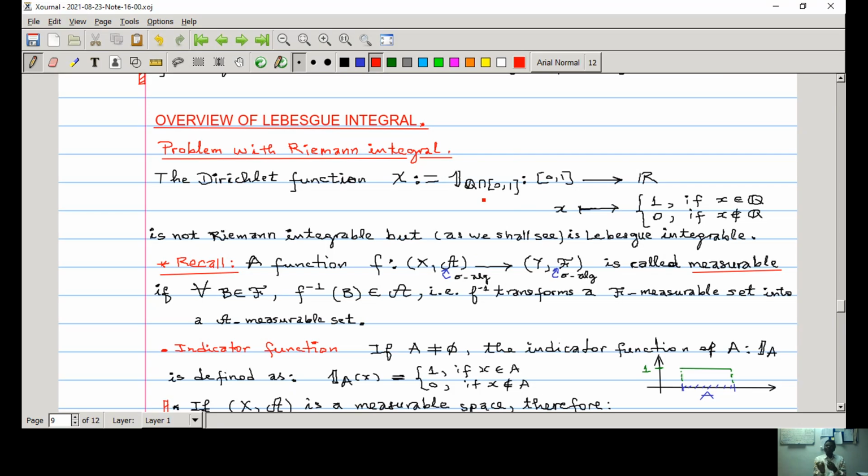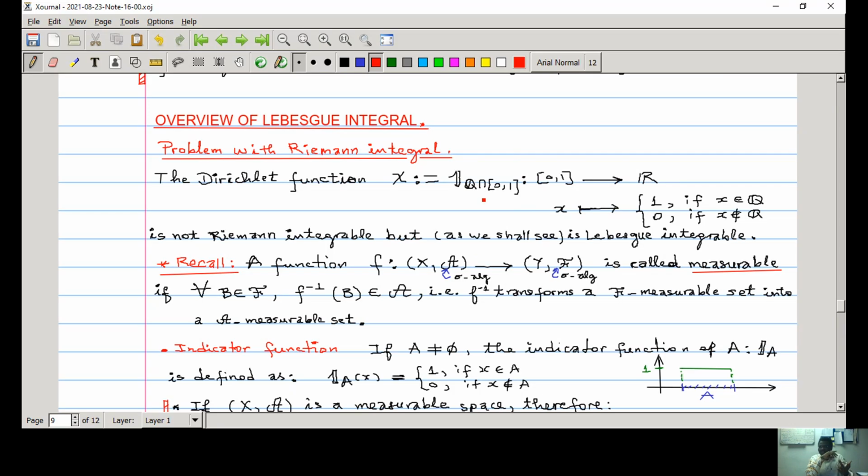Now, for the lower sum, it will always be 0, because the function takes only two values, 0 and 1, so the lower value is 0 for all the subintervals. If we sum them up, we still get 0.